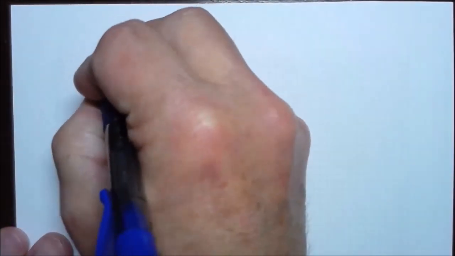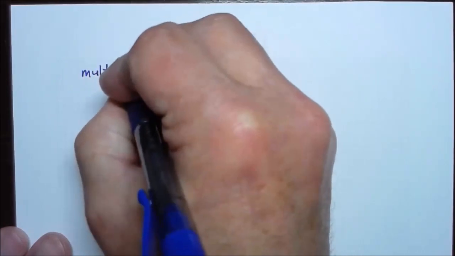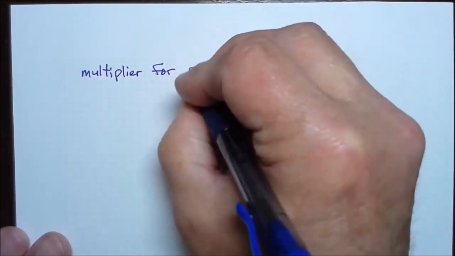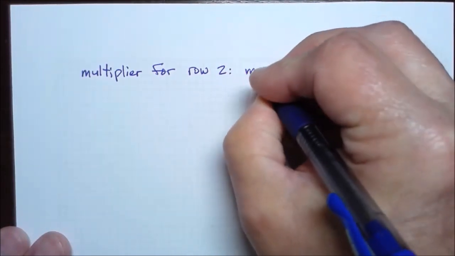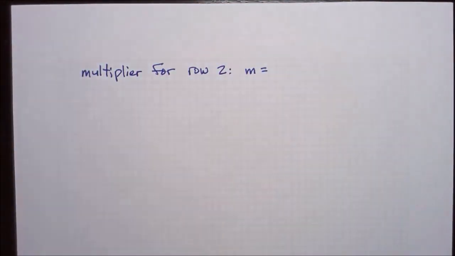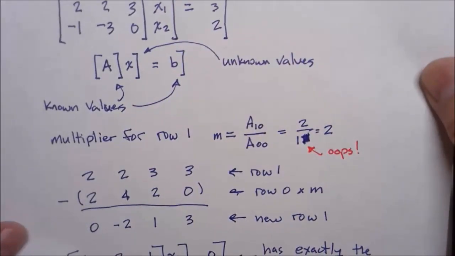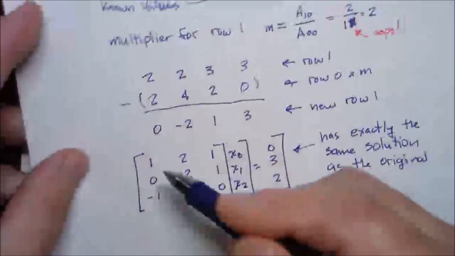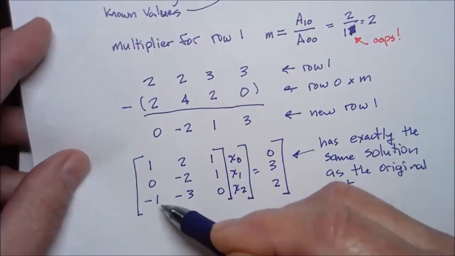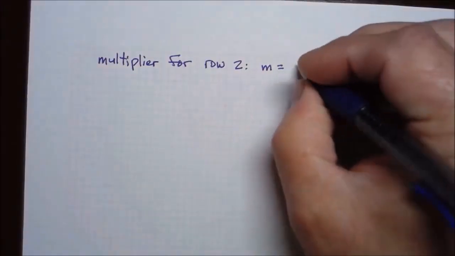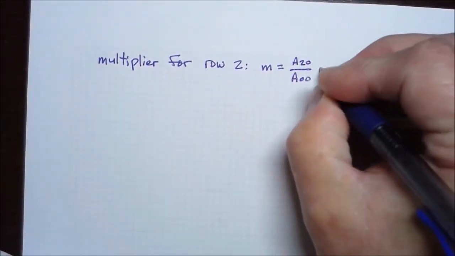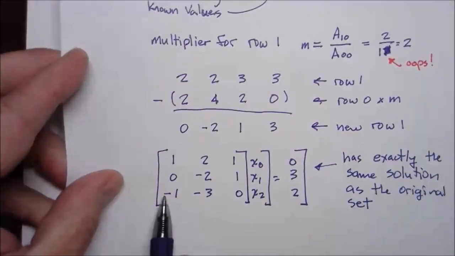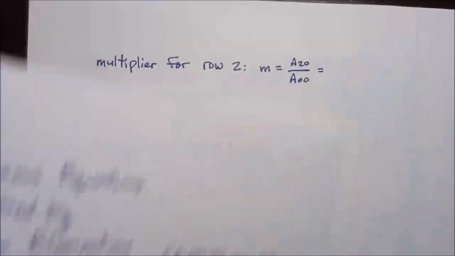This is the multiplier for row 2, m, and just like we did in finding the multiplier for row 1, I'm going to take the value A20 divided by A00, and that's going to be minus 1 divided by 1.